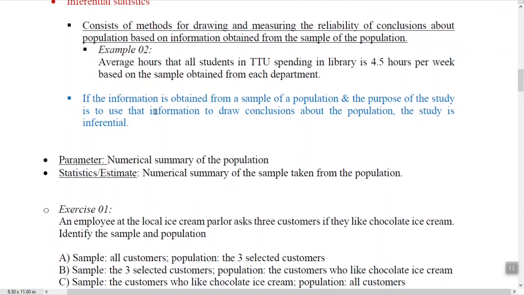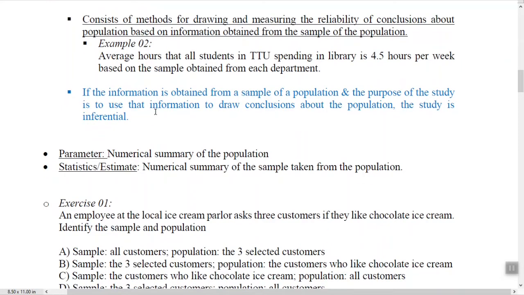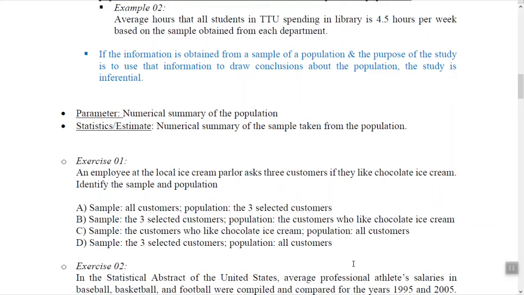Next I'm going to explain two specific terms in statistics. Parameter. Parameter means a numerical summary of the population, which means some kind of letter or variable which we use to denote a population characteristic. For example, and you will see this example in future lessons, I have a normal distribution with mean mu and standard deviation sigma.